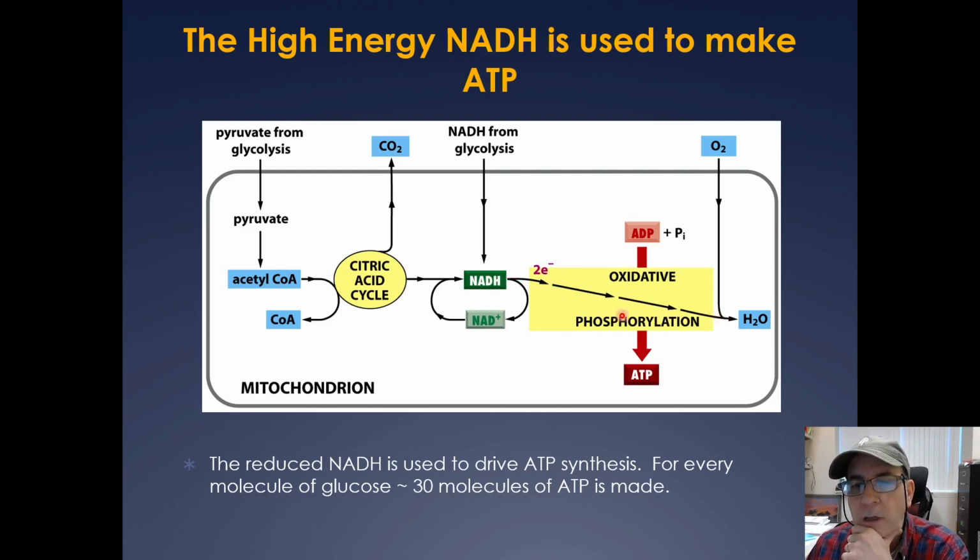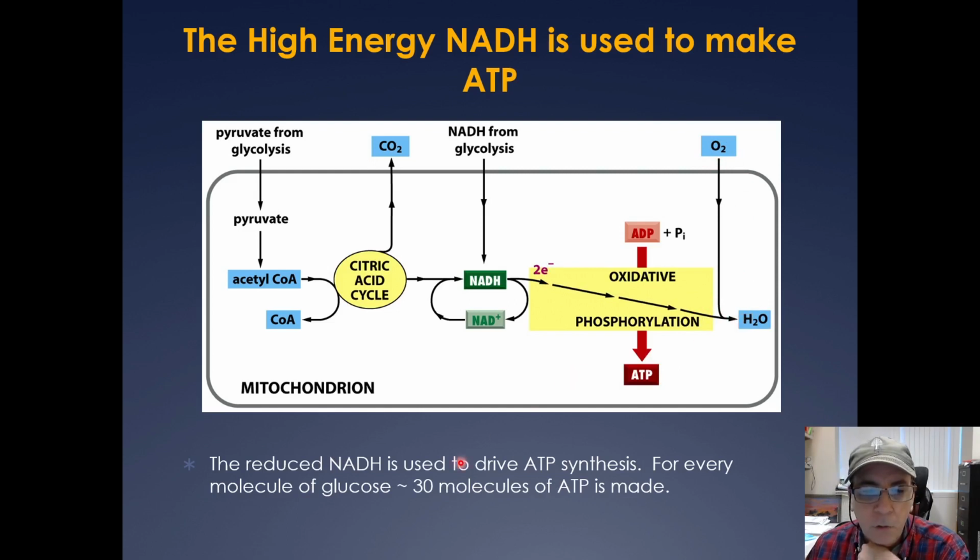Okay, and we'll cover this later in the term, but these high energy electrons eventually create a proton gradient, and the flow of the protons through ATP synthetase actually converts the ADP into ATP, and in the process these electrons eventually end up on oxygen to convert it into water.